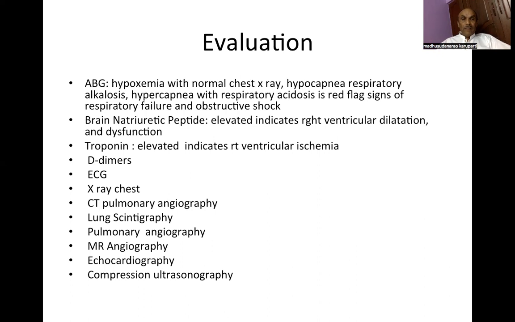Then brain natriuretic peptide, BNP, is elevated, indicating right ventricular dilatation and stretch of the right ventricular myocardium and myocardial dysfunction. Troponin is elevated, indicating right ventricular ischemia. D-dimers are indicative of coagulopathy and lysis of the clot material.